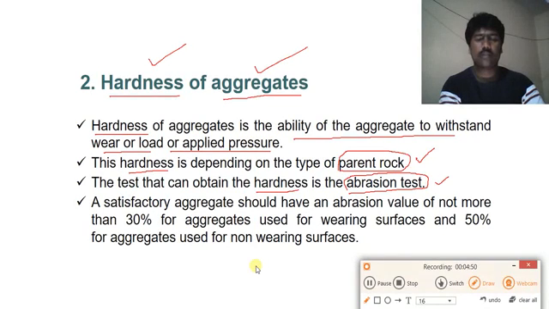For example, if you are using an aggregate for wearing surfaces, suppose you are constructing a road, the top surface is called the wearing surface, the bitumen, and in that bitumen also you are using some aggregates. For this type of wearing surface, the aggregate should have an abrasion value not more than 30%.